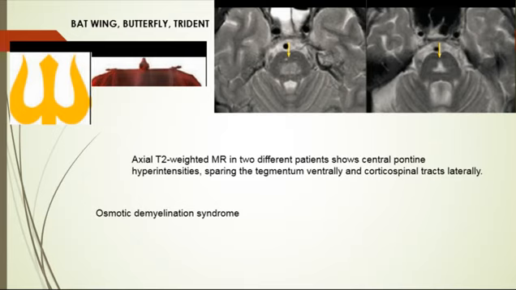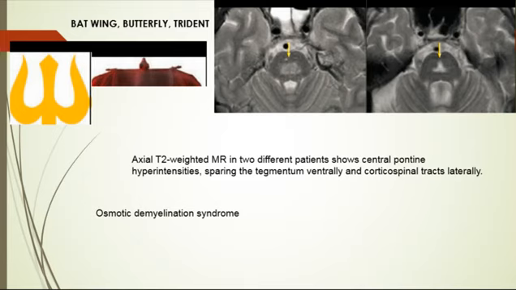Rapid change in the serum osmolarity. This happens when there is an alcoholic patient, he's hyponatremic due to frequent vomiting. Rapid correction of the blood osmolarity results in the patient first becoming better, then deteriorating rapidly.